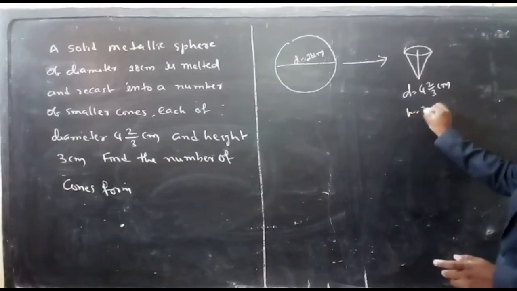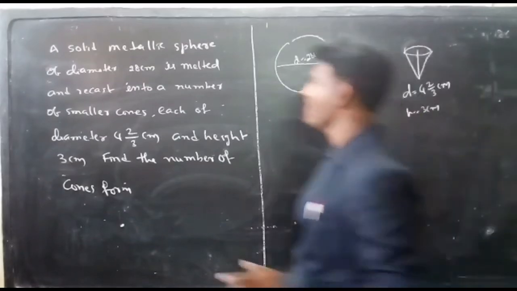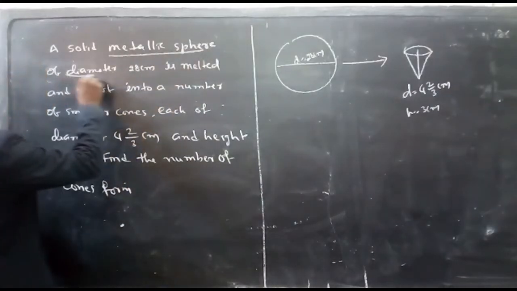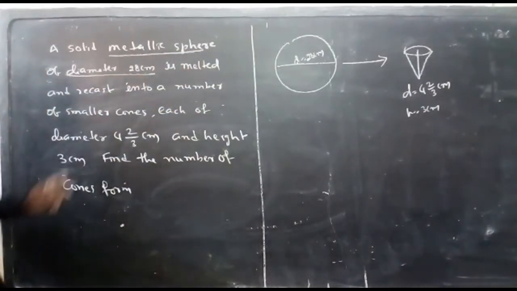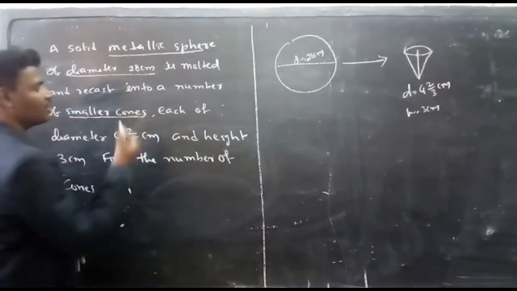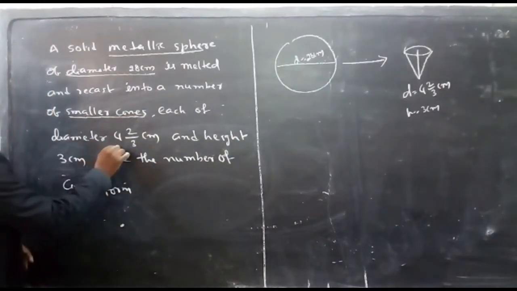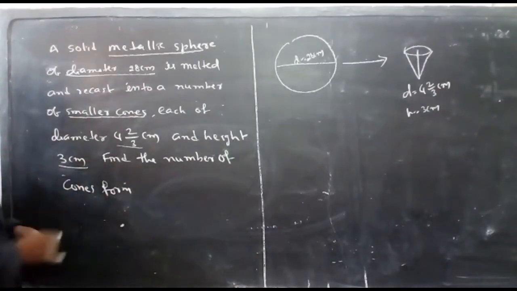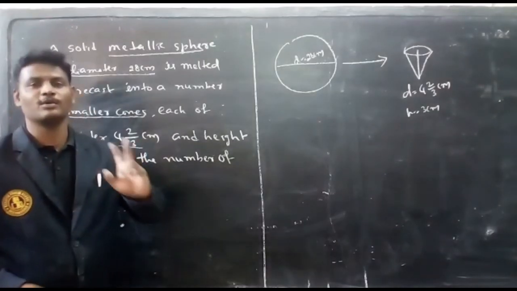One solid metallic sphere of diameter 28 centimeters is melted and recast into a number of smaller cones, each of diameter 4 2 by 3 centimeters and height 3 centimeters. Find the number of cones formed.